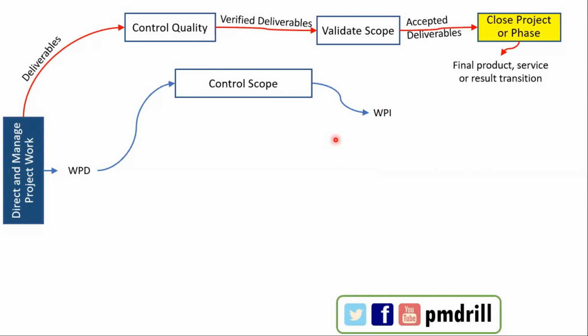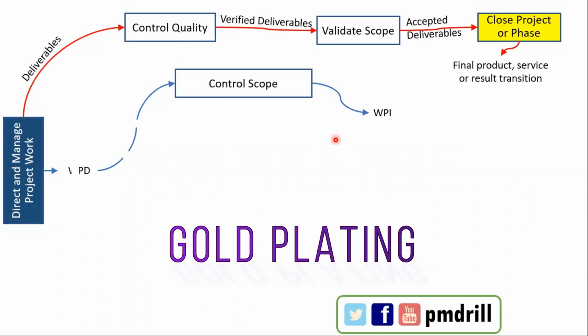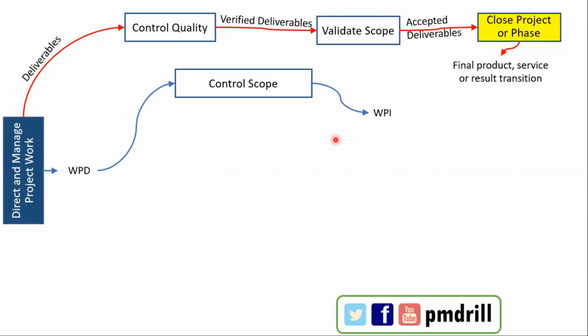Comparing with your scope baseline and your actual performance. So what kind of information you might get? You might get an information saying that, oh, we are doing some gold plating. We are doing something more than what is written in the scope baseline. Now that is an information you are getting.